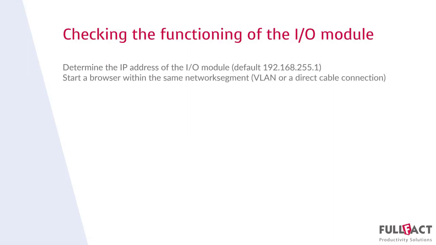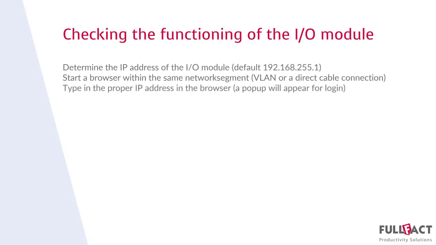So determine the IP address of the I/O module and then start a browser within the same network segment, VLAN, or a direct cable connection. You can also connect your laptop directly to the I/O module.